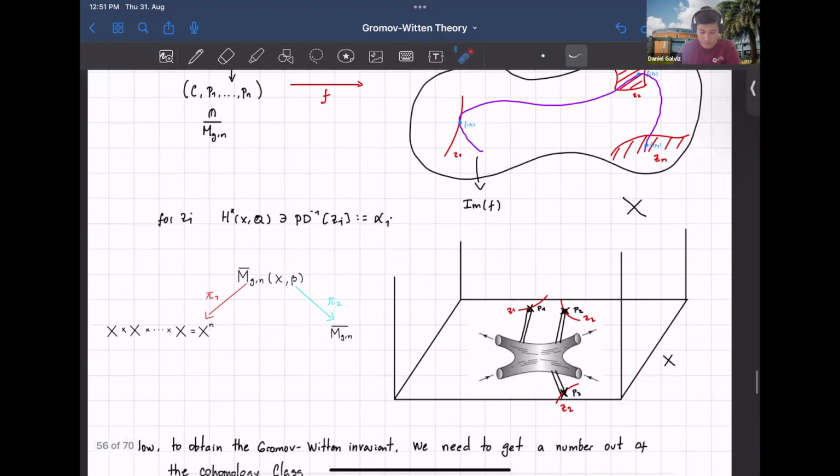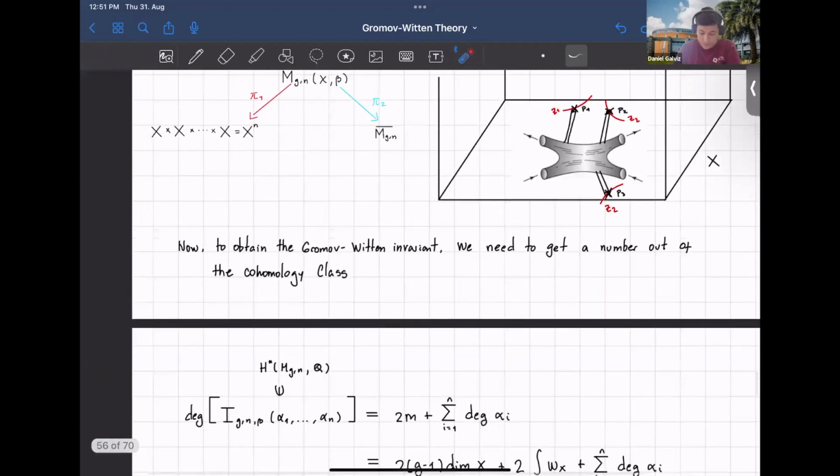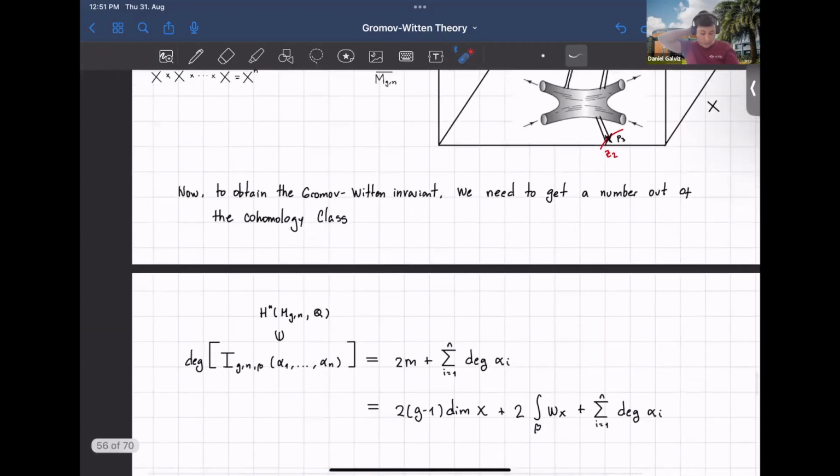So this is basically what we are going to do. But before doing this, we can maybe calculate a sort of dimension, but this is just a cohomology class, so it doesn't really have an interpretation of dimension. So we speak of the degree of this Gromov-Witten class. This is given by this expression, where the line bundle in the Calabi-Yau is 0.